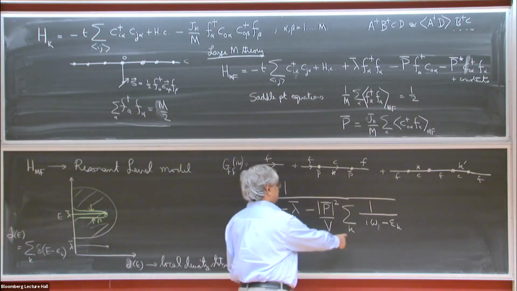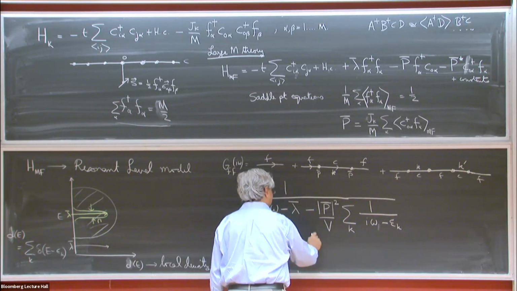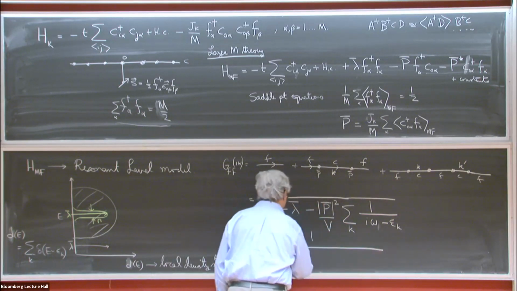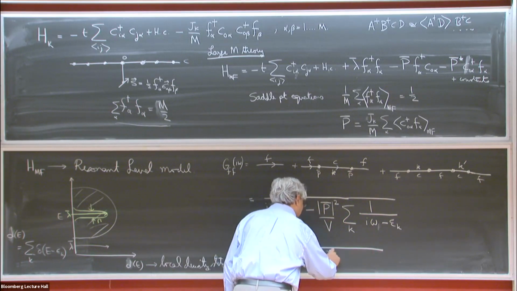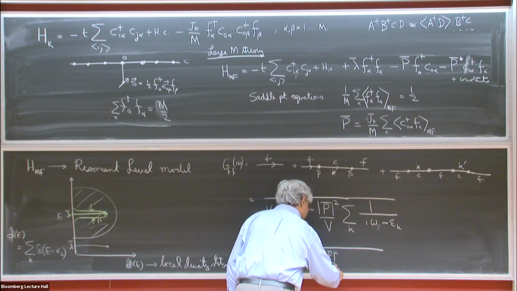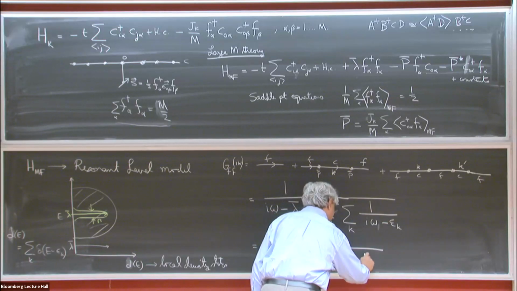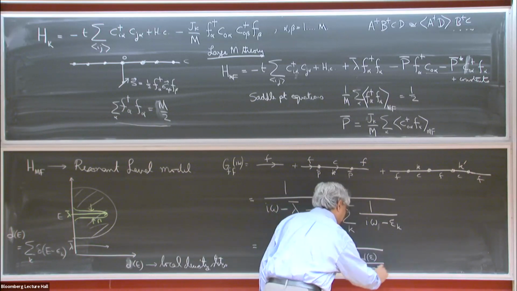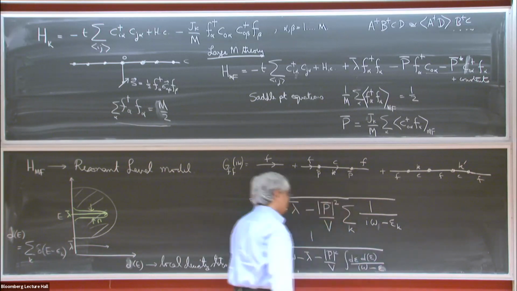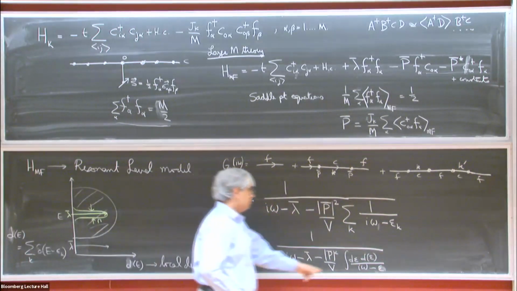So now you can convert this sum to an integral and write this as I omega minus lambda bar minus P bar squared over V, times the integral dE d of E over I omega n minus E. So just the Hilbert transform of the density of states at frequency I omega.